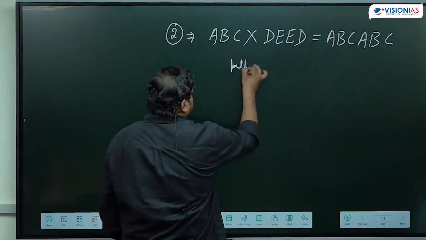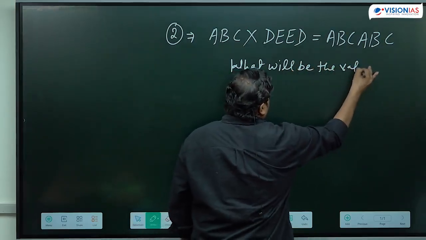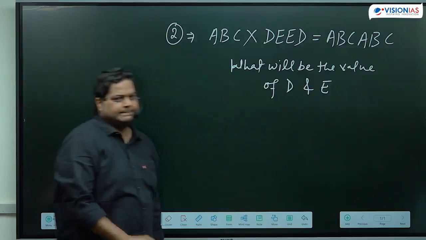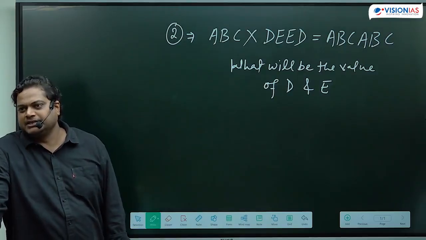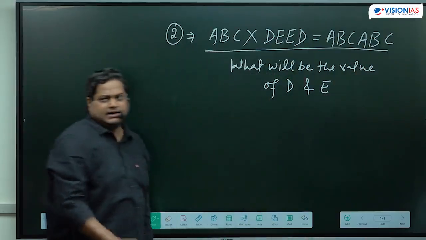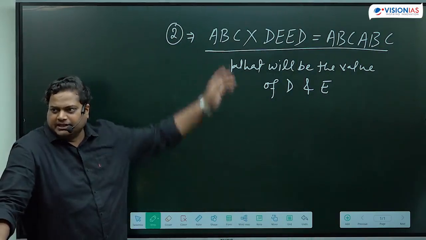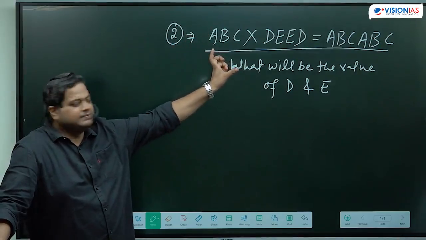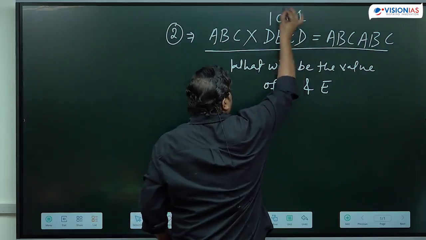What will be the value of D and E? है ना, सिंपल है क्वेश्चन. And this is also previous year question. When we get this ABC ABC form, हमने देखा था अभी ब्रेक करके कि ABC into 1001, तो this value must be 1001.